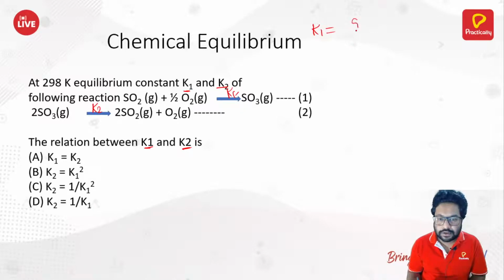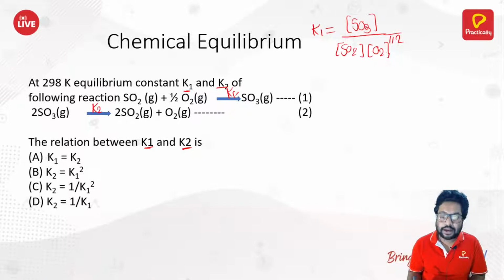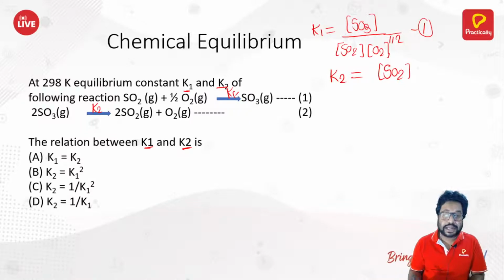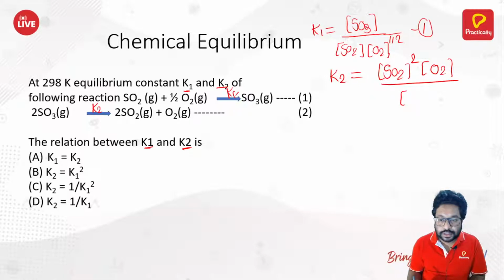K1 is equal to SO3 divided by the concentration of SO2 and O2 raised to 1 by 2, or you can say O2 under root. That's your K1. Then you have K2. In K2, you are having SO2 on the product side, so SO2 square. Then you got O2. And then you got SO3 square.